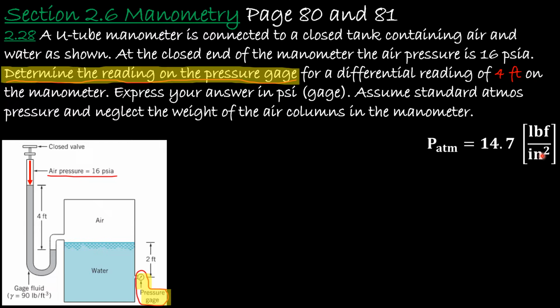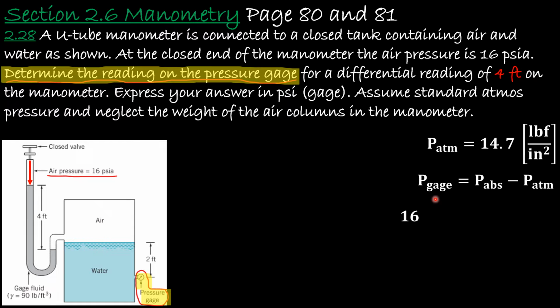What is the pressure gauge? Pressure gauge is the difference between the absolute pressure minus the atmospheric pressure. So if you imagine right here where the red cursor is at, we have a pressure gauge like this one connected to the closed tank. We want to know how much this pressure gauge will read.